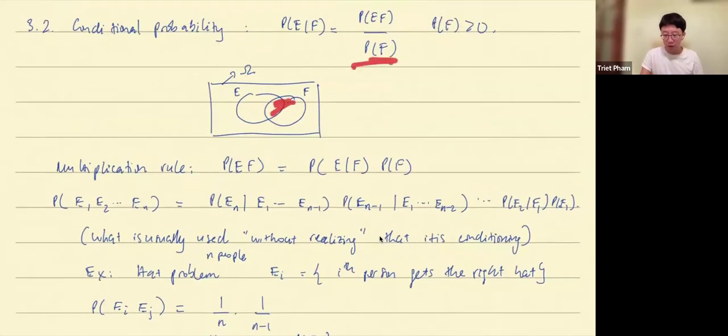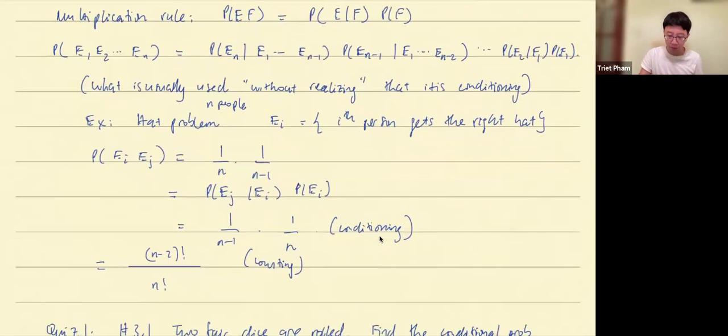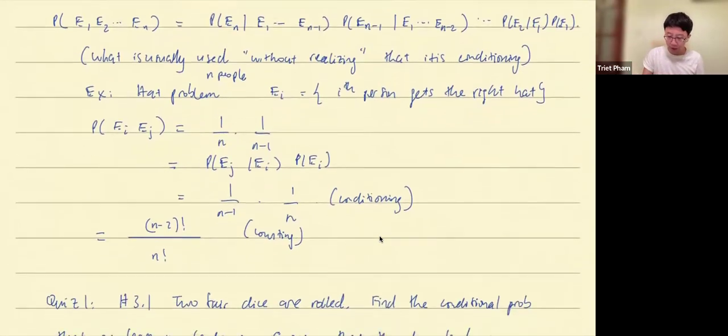F can also be considered as a sample size here. That's called conditional thinking. Like when you do 1 over n minus 1 in the hat problem, you're doing conditional thinking, because instead of n possibilities for the ith person to choose his hat from, there are only n minus 1, since you know the ith person already picked his right hat.